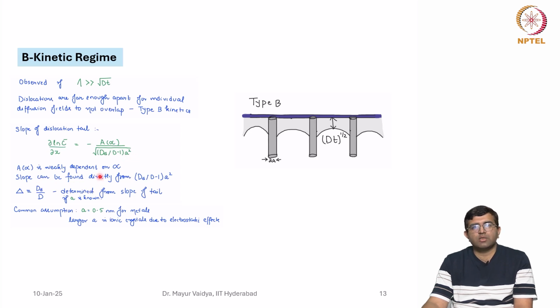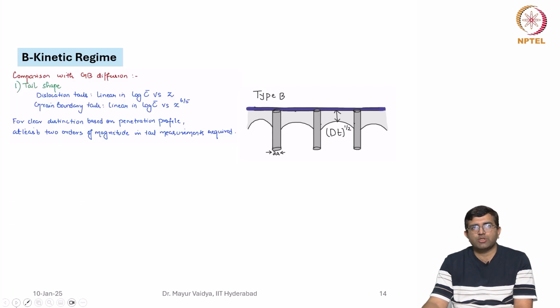So, this A is weakly dependent on alpha, and the slope can be directly found from this, and this delta D is determined by the slope of the tail if alpha is known. Commonly you assume A is equal to 0.5 nanometers for metals, whereas A is larger in ionic crystals, of course, because of the electrostatic effect.